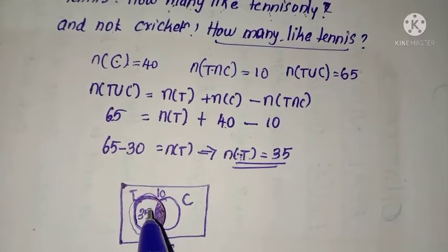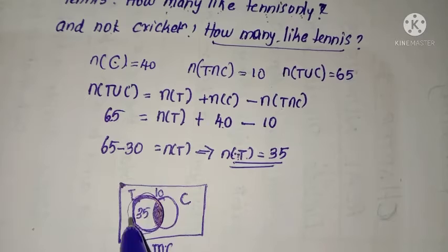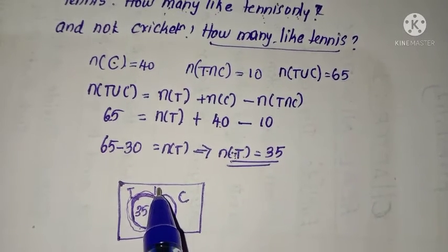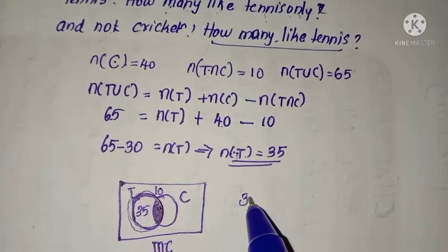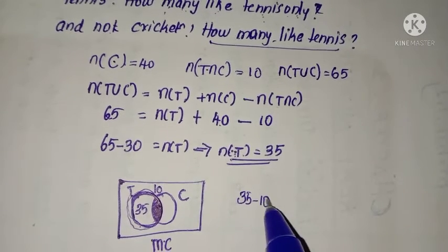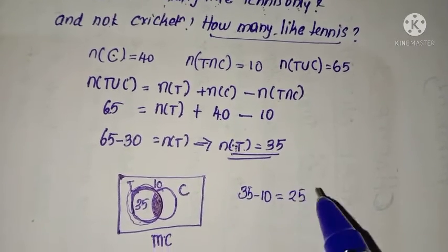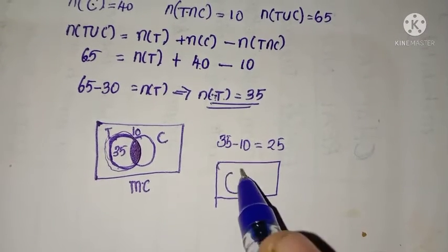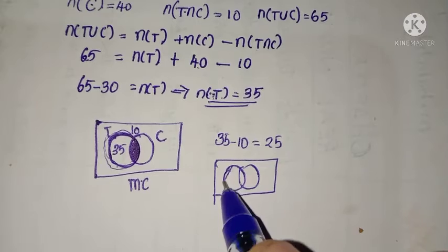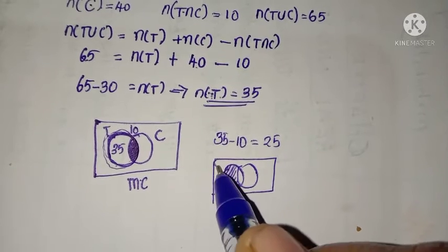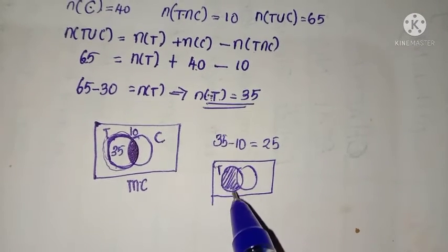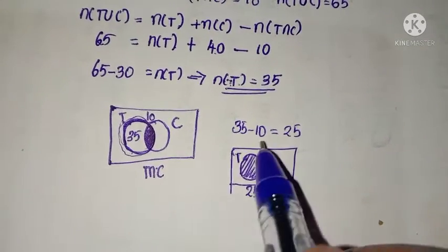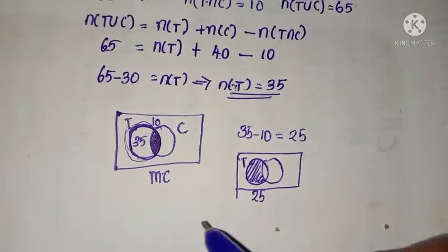If we subtract this common element 10 from the total set, we get 35 minus 10 equals 25. That is, 25 people like only tennis. Using the Venn diagram, you can easily find this.